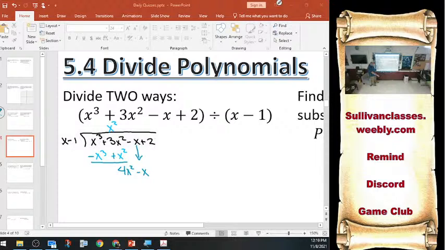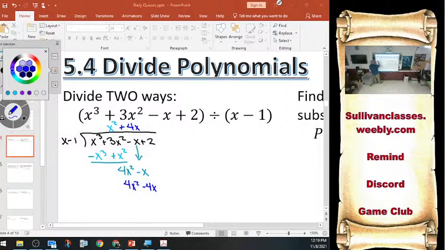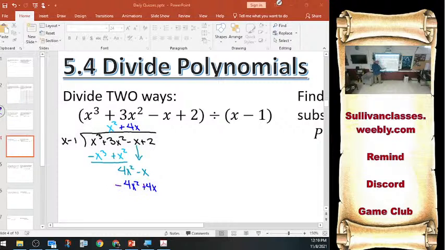And then repeat the process. See, 4x squared divided by x is 4x. 4x times the stuff is 4x squared minus 4x. But I subtract it, changing the signs, getting a 3x. Drop it, a little warm.